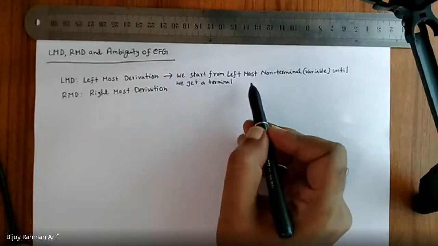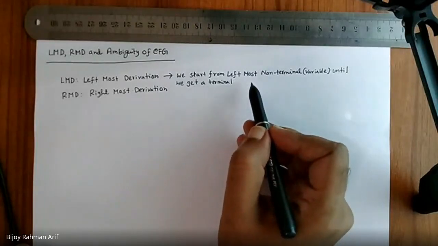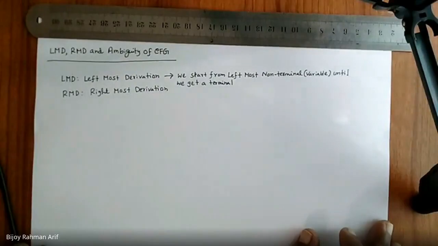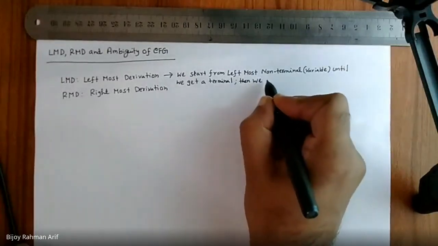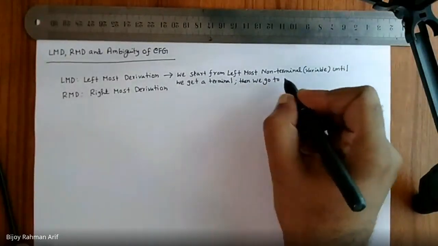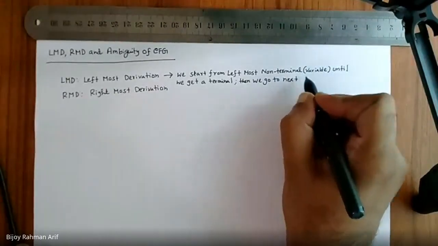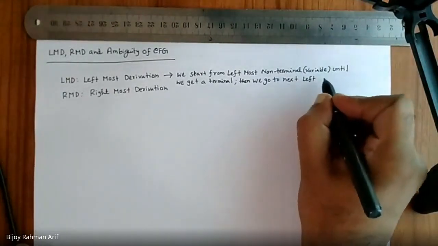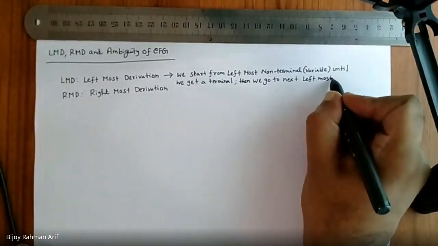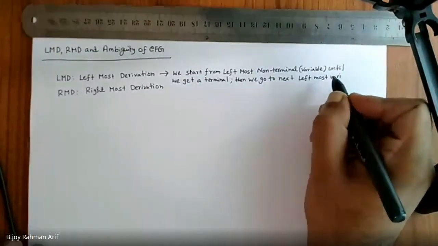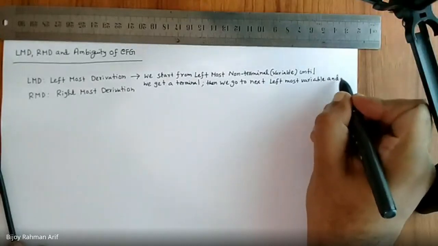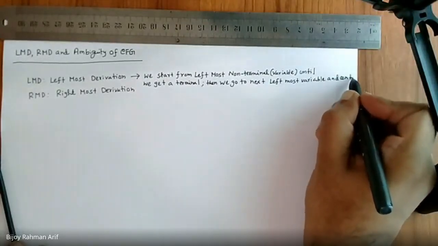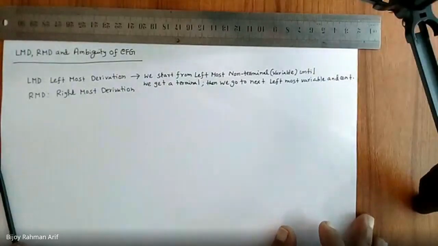Then what? Then we move to the next leftmost, and this way we will continue. Am I right? Is there any confusion?